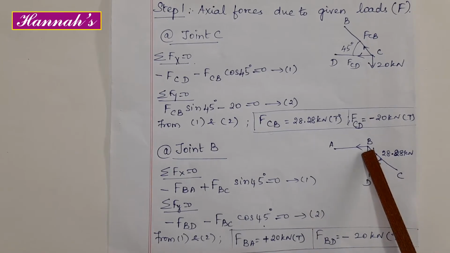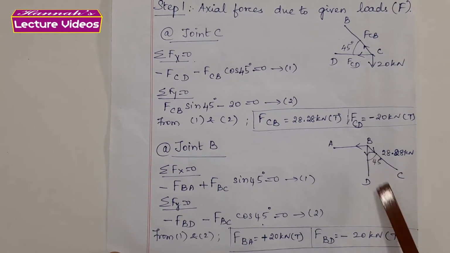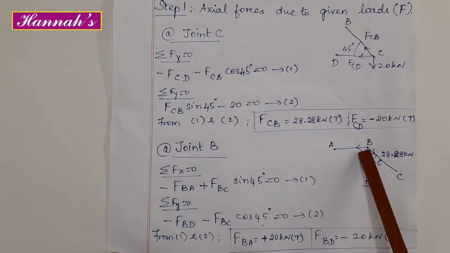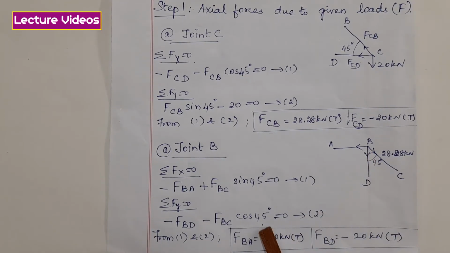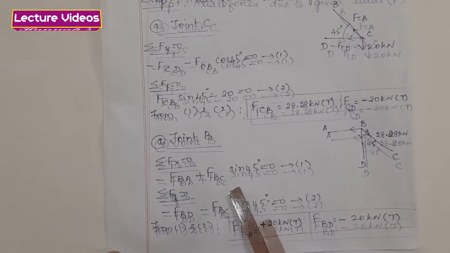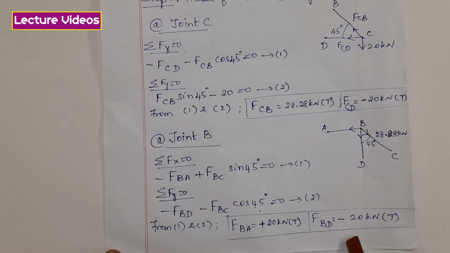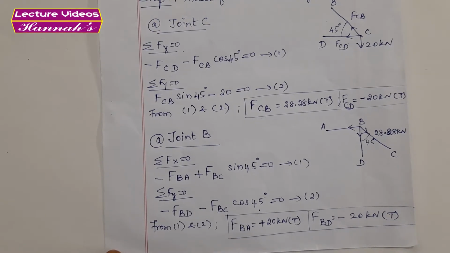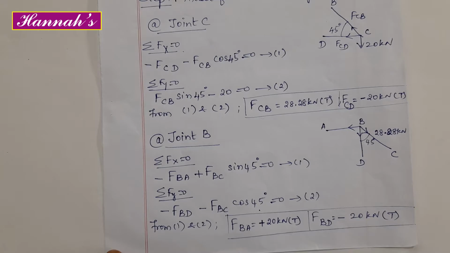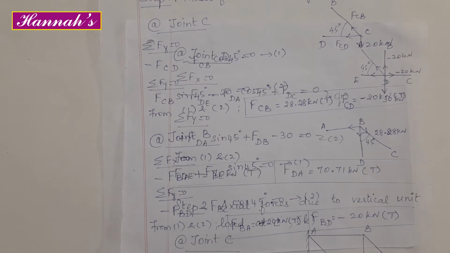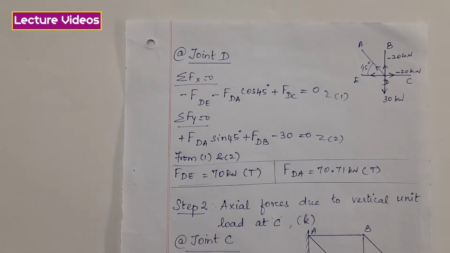All member forces in the vertical directions, and any loading or reactions, are written in the sigma Fy equal to 0 expression, and solved simultaneously to get the values of the member forces in BA and BD. The member forces are denoted as capital F values because we are taking the given loads for determining the axial forces. Now I go to joint D.